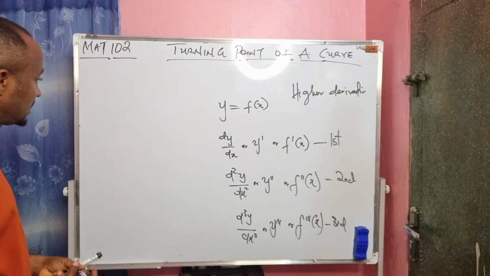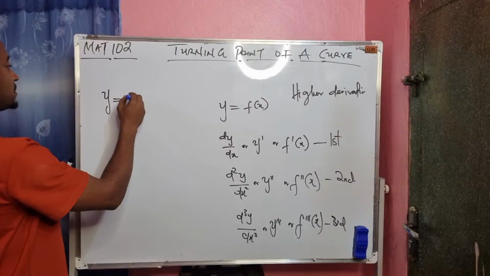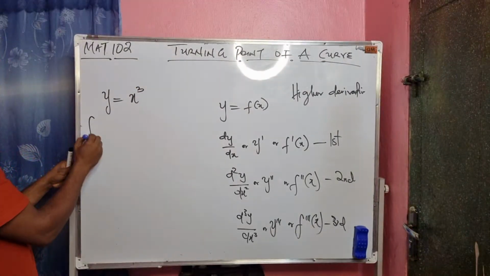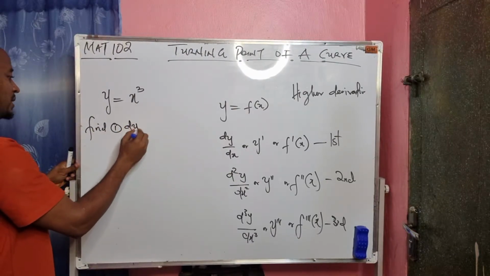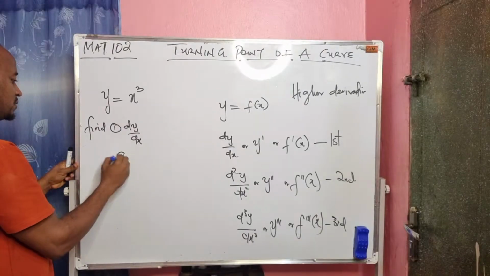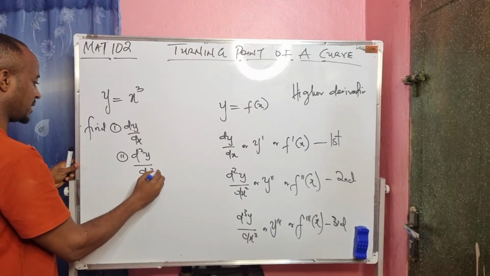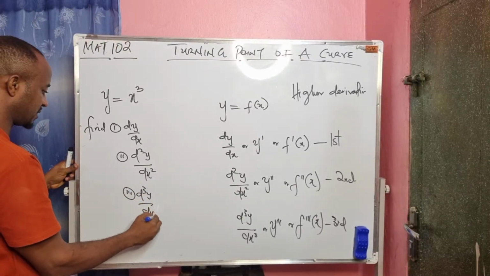What I mean by that is, let's say I have y equals x to the power of 3, and we are asked to find number 1, dy/dx, number 2, d²y/dx², number 3, d³y/dx³.